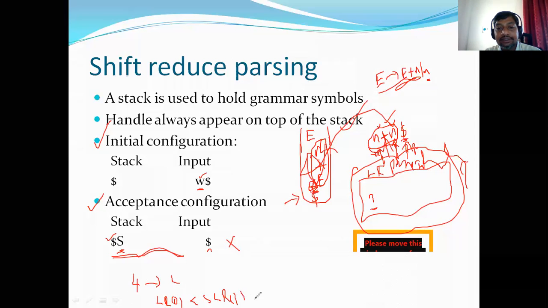SLR1 is somewhat less efficient than CLR1. CLR1 and the next parser, LALR1, are equal in power.